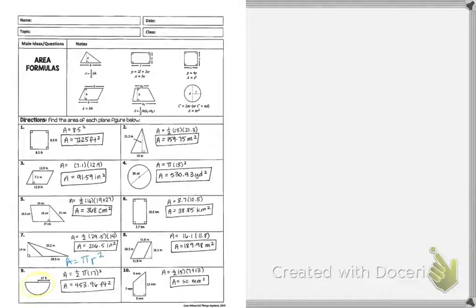Thing is, this is half. So we are gonna cut whatever we get here in half.